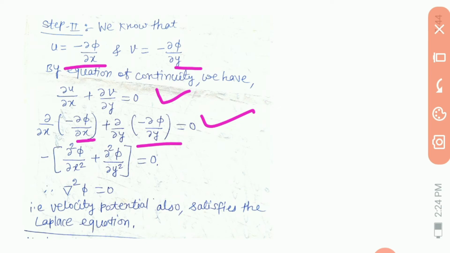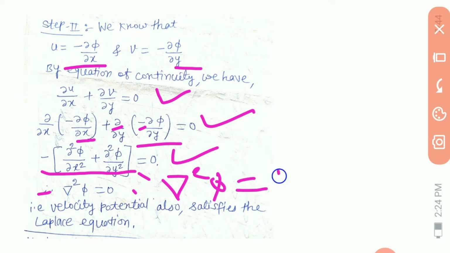So this will be −∂²φ/∂x² + ∂²φ/∂y², which is equal to 0, and therefore this ∂²φ/∂x² + ∂²φ/∂y² is del square phi. So minus del square phi is equal to 0, and therefore del square phi is equal to 0, and the velocity potential also satisfies the Laplace equation.